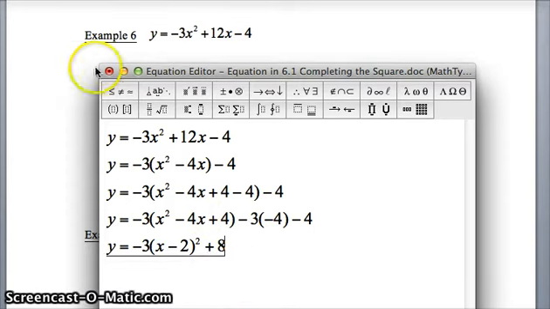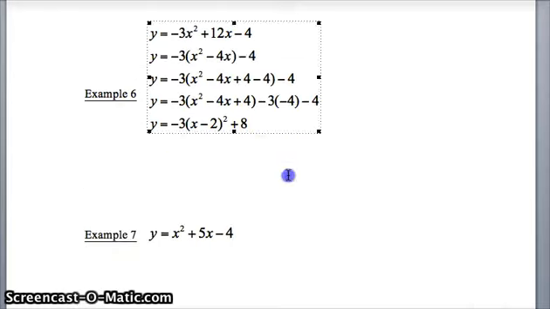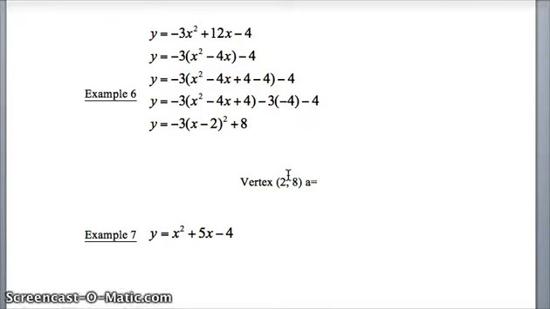Okay, so we can see that you have a vertex of 2, 8, and a step pattern or an A value of -3. So a vertical flip opening down with a step pattern of 3, 9, 15, a vertical stretch of -3.